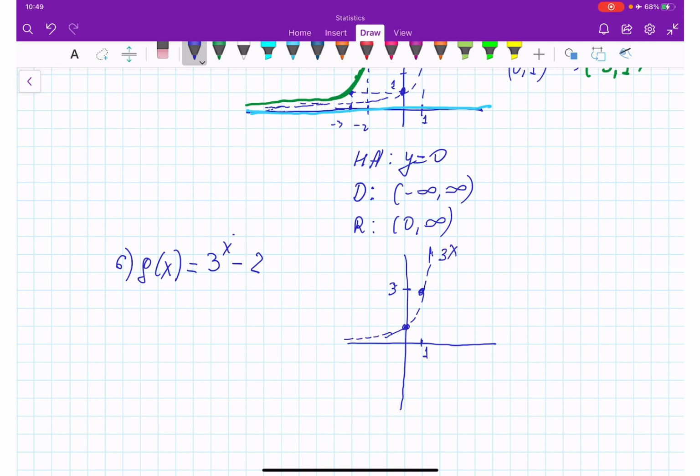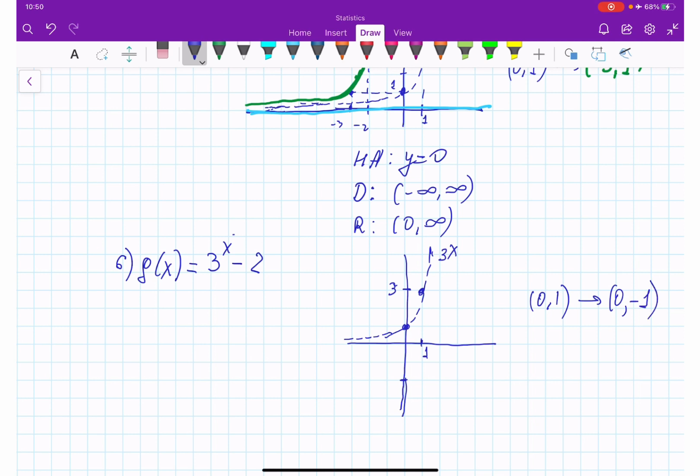So minus 2, we take entire graph and shift down by 2, right here. Which means the 0, 1 that we have, now the change of y, which means 1 minus 2, it's going to become 0. Now in this case, y is going to change. 1 minus 2, it's going to get negative 1.